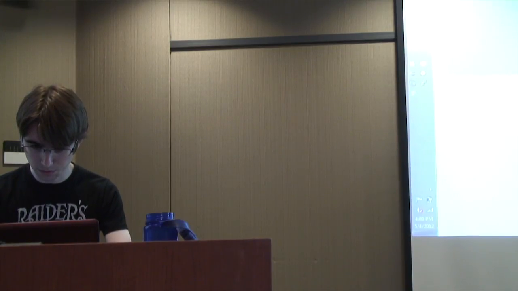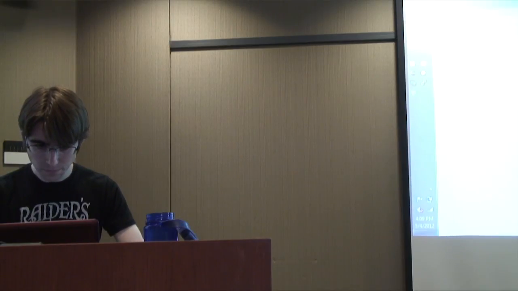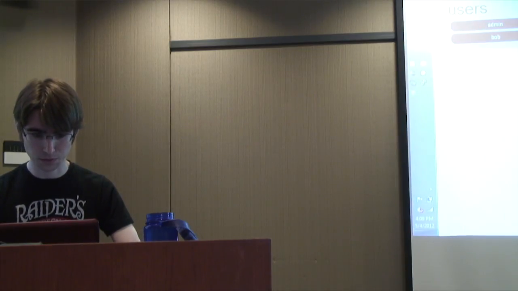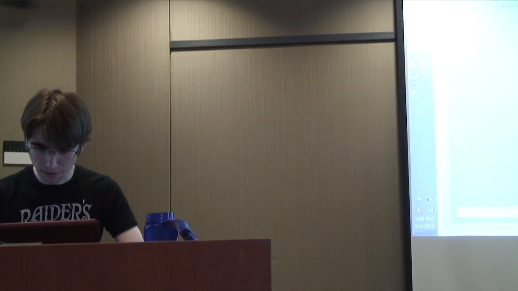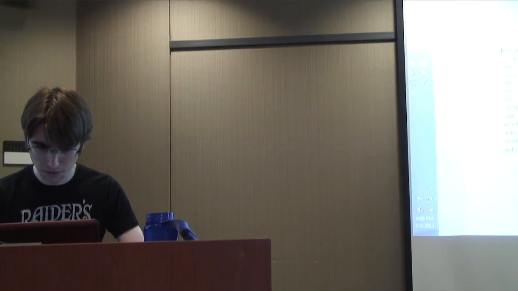So I'm going to go ahead and register as a new user, and log in. And now that new user showed up there. So now I'm going to show you some of these commands.